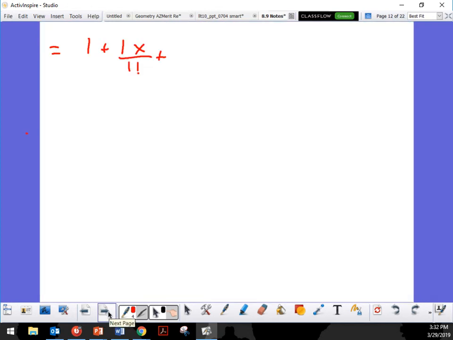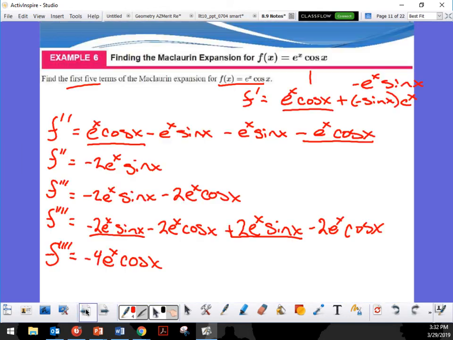All right, so it's going to be 0 x squared over 2 factorial. Next one. So that is my second derivative. So my function, first derivative, second derivative, third derivative. So third derivative, plug in 0.